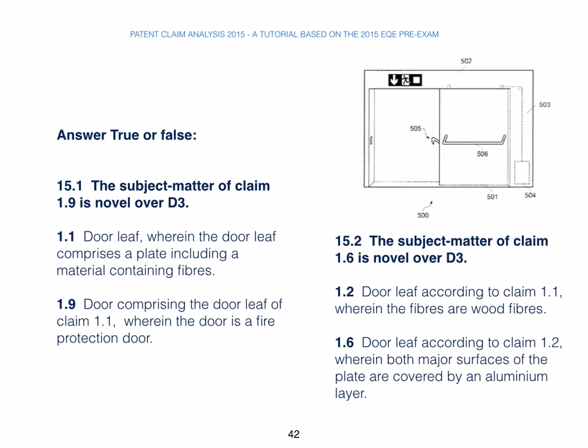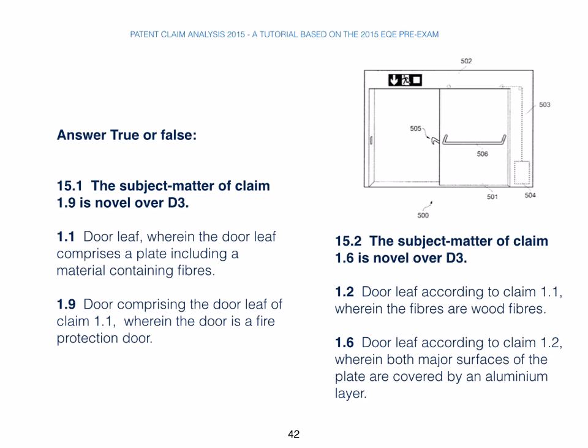15.2, on the right-hand part of the slide, the statement is: the subject matter of claim 1.6 is novel over D3, and claim 1.6 is reproduced below. Claim 1.6 depends upon claim 1.2, which is wood fibers, and claim 1.6 adds that both major surfaces of the plate are covered by an aluminium layer.